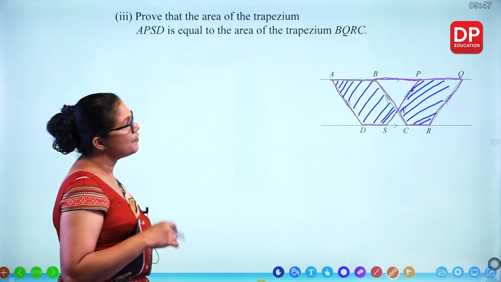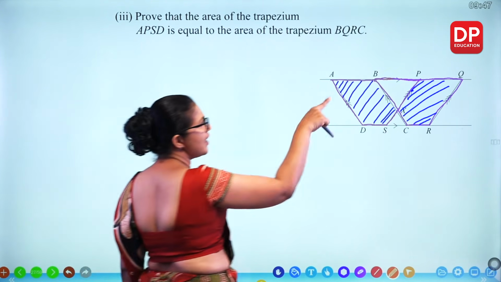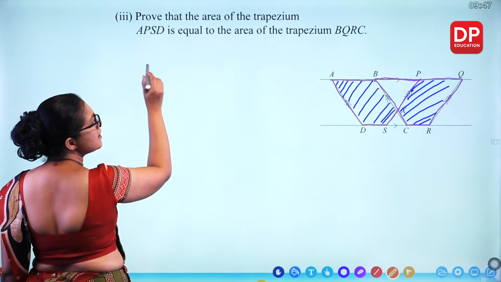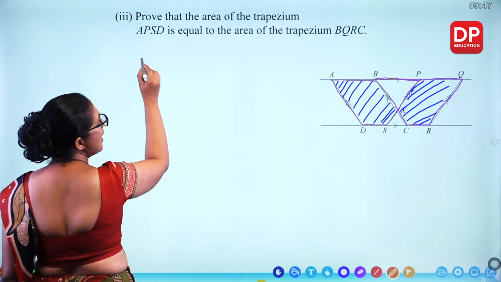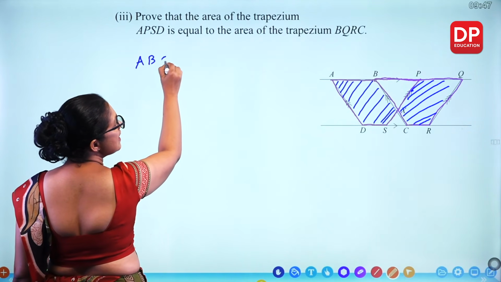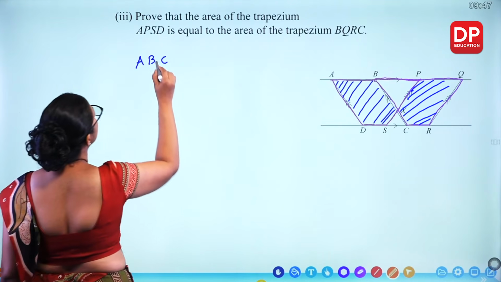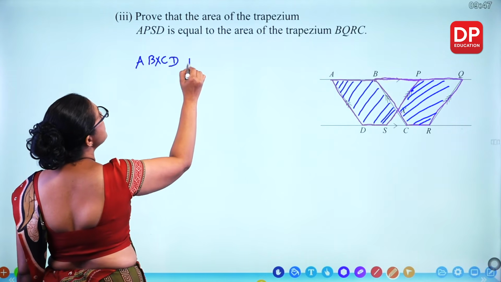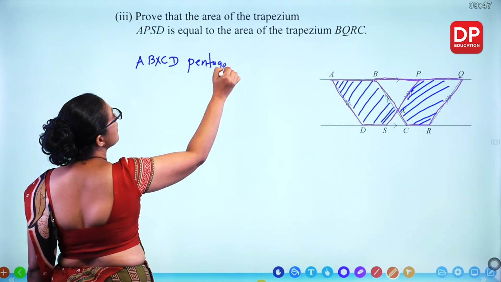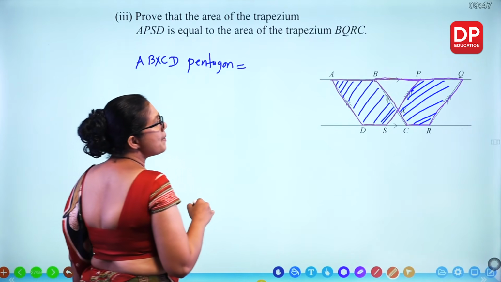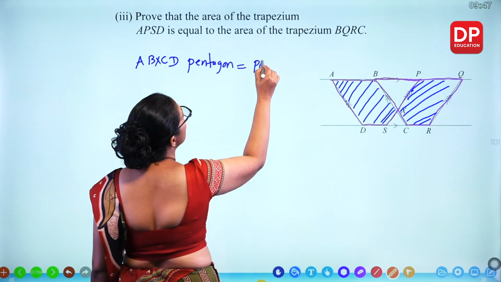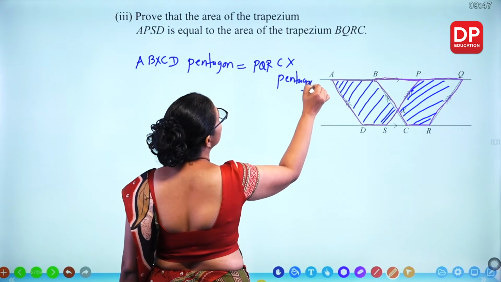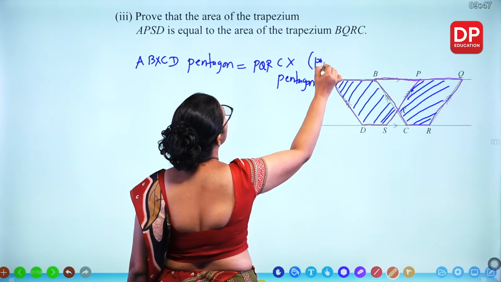Now, what can we do? There's an extra triangle. We can add that extra triangle to both sides. So we can prove that using the previous part. ABXCD pentagon is equal to PQRCX pentagon from the previous part, Part 2.